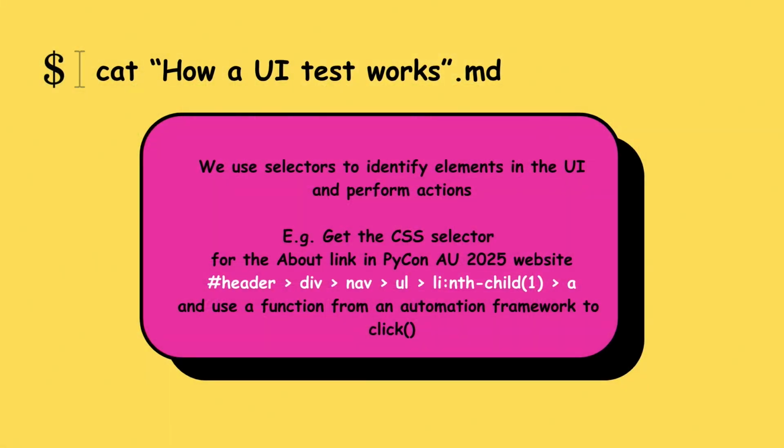Let's do a quick overview of how a UI test works. Basically, we need to use an automation framework, for example, Selenium, or the one I built this whole project around, called Playwright, and tell the automation framework to identify a specific element in the page and perform an action in that element.